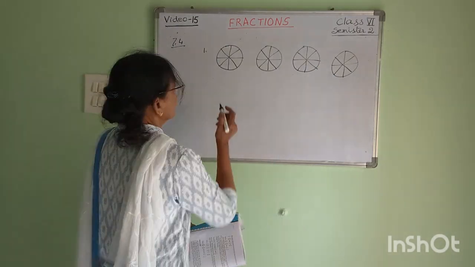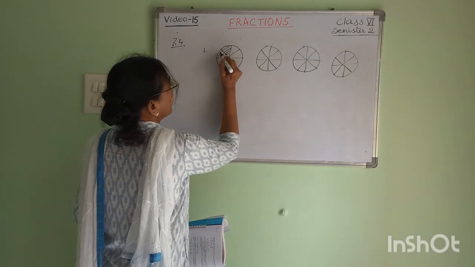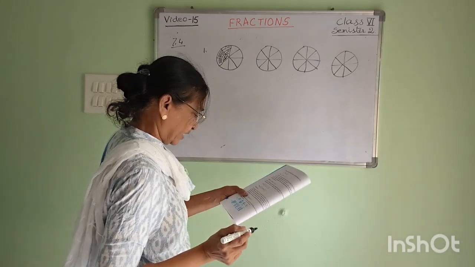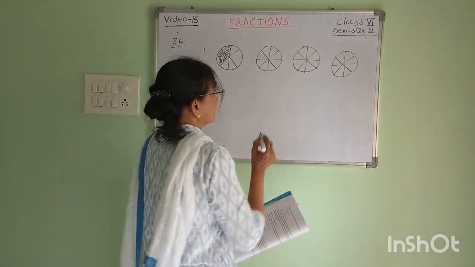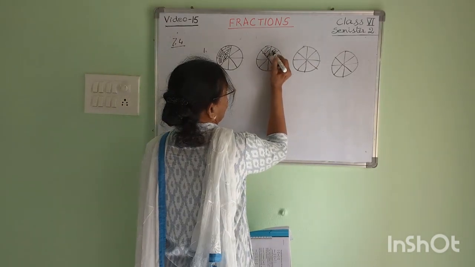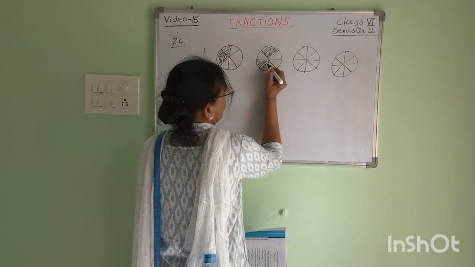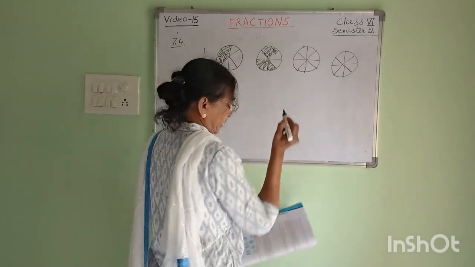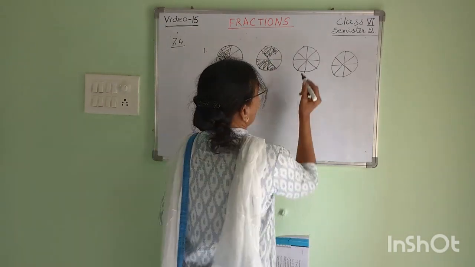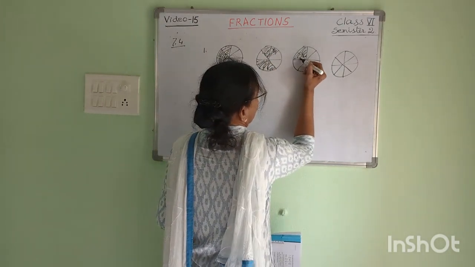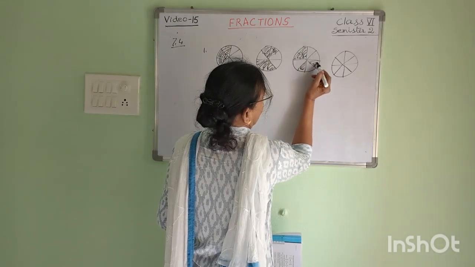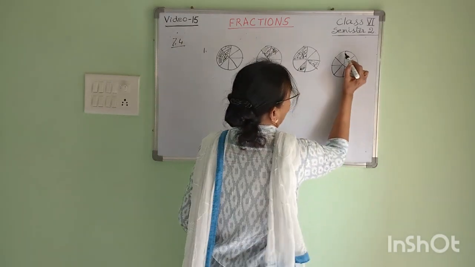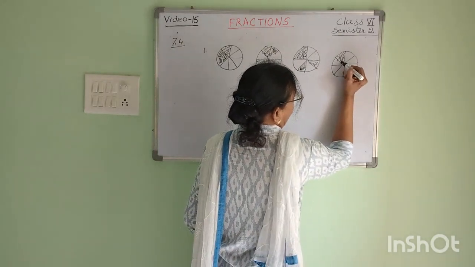In the first circle, 3 equal parts are shaded. In the second figure, 6 equal parts are shaded. In the third figure, 4 equal parts are shaded. In the last figure, one part is shaded.